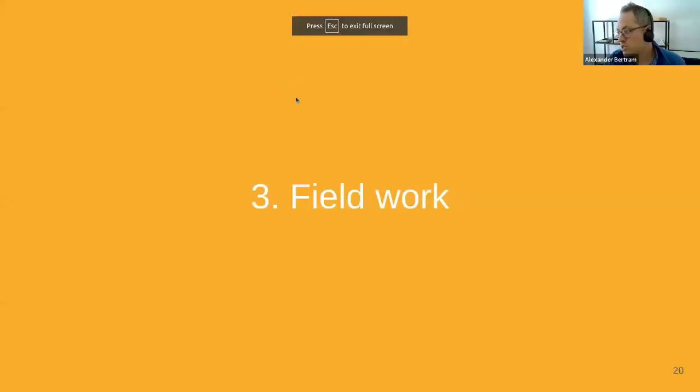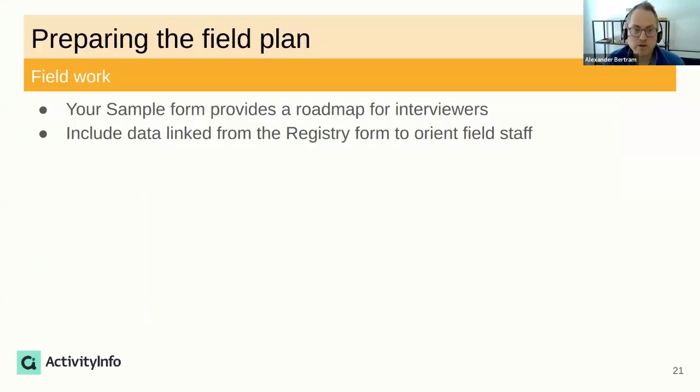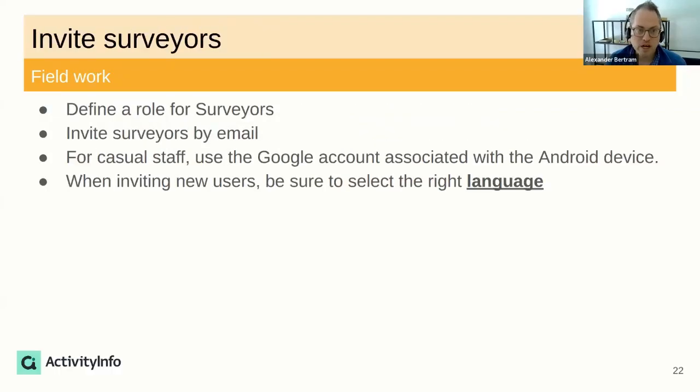So how do we actually get a team together and collect this data from the field? So the nice thing about this structure is that our sample form is going to provide the roadmap for our interviewers. And then because it's linked to our registry form, we have all the information that we need to plan, organize, right? To plan those trips.